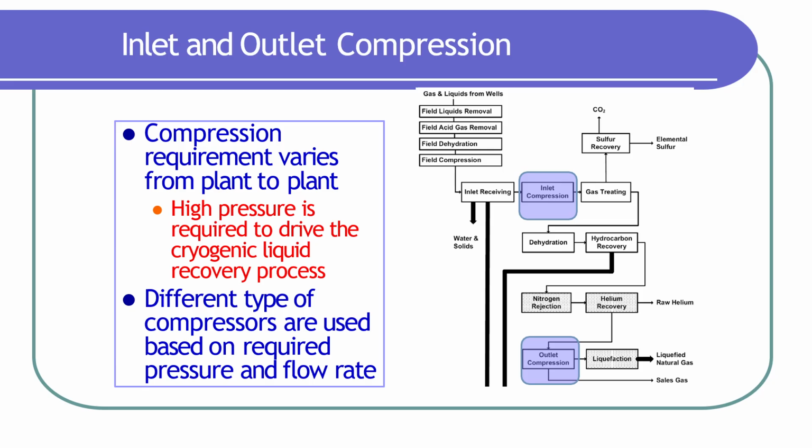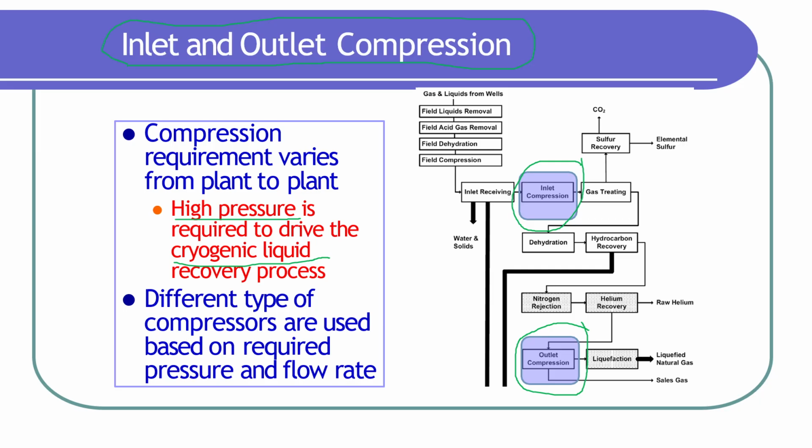The second unit is what we call the inlet and outlet compression, which means that you're going to compress the gas, and this will differ from one point to another, where the gas compression requirements will be different from one section to another section. For example, the compression requirement at the plant inlet is going to be completely different from the requirement at the outlet, because normally you will require high pressure if you are processing your gas through what we call the cryogenic unit.